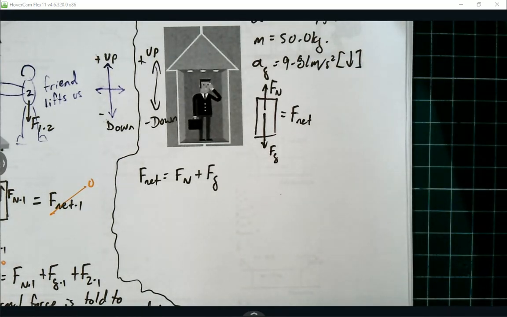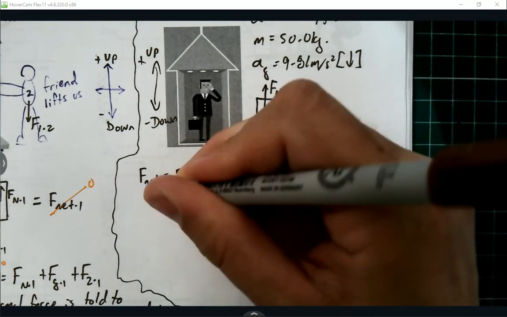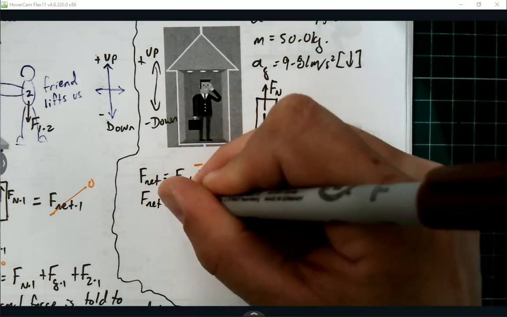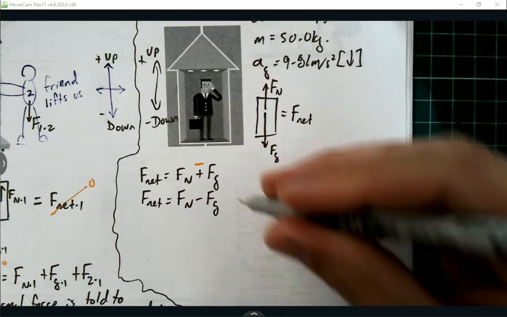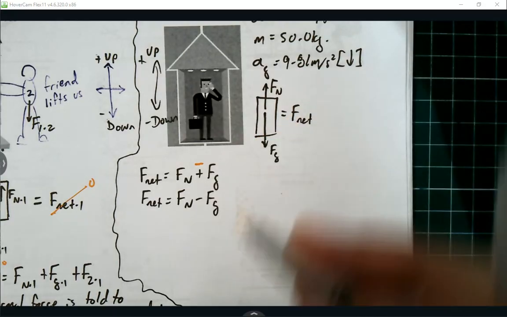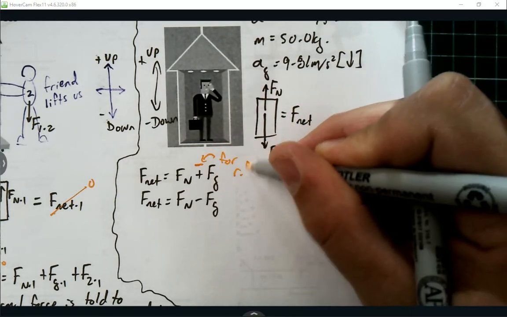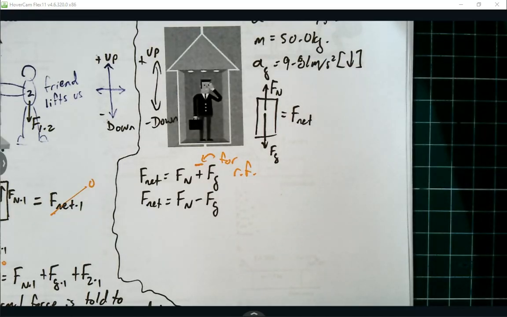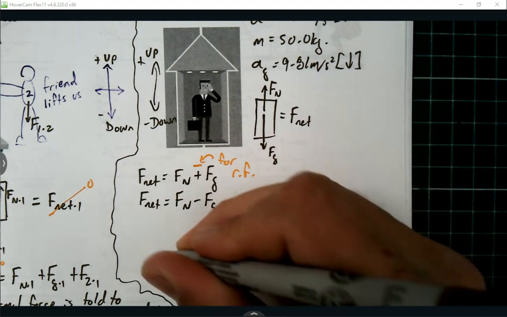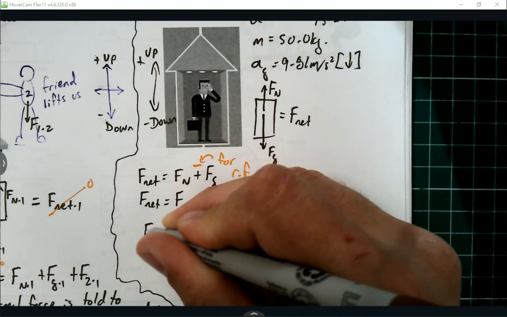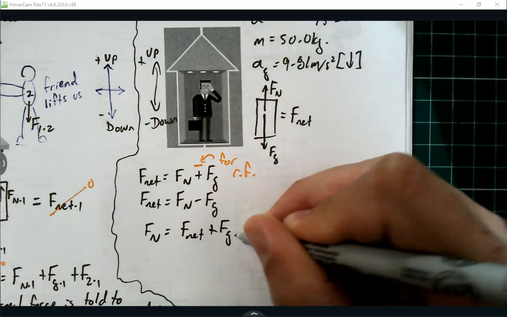So based on reference frames, F net is equal to F normal minus Fg. I'll just say RF, for reference frame. Let's get F normal all by itself: I'll take the Fg over to the other side, and F normal is equal to F net plus Fg. We've done this before.